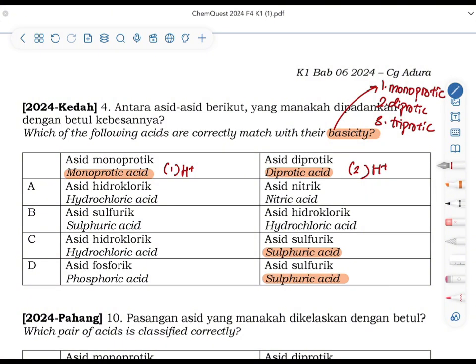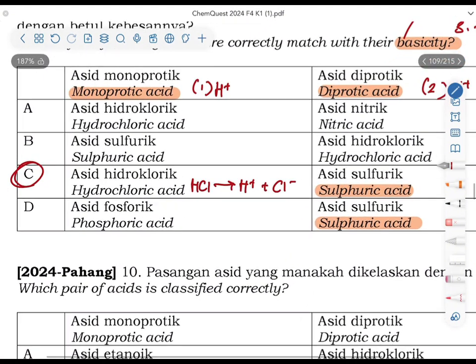The answer would be C, hydrochloric acid, because it gives off 1 mole of hydrogen ions when 1 mole of the acid dissolves. For phosphoric acid, the formula is H3PO4, and when 1 mole of phosphoric acid dissolves in water, it will give 3 moles of hydrogen ions and 1 mole of phosphate ion. So it is actually a triprotic acid.